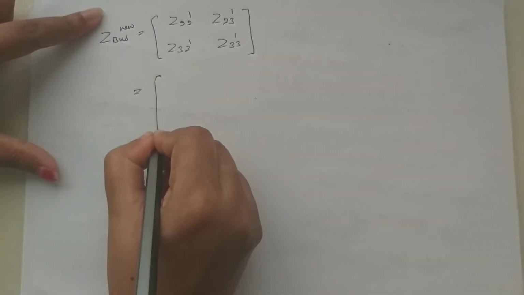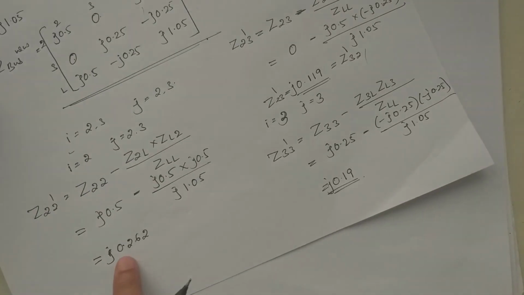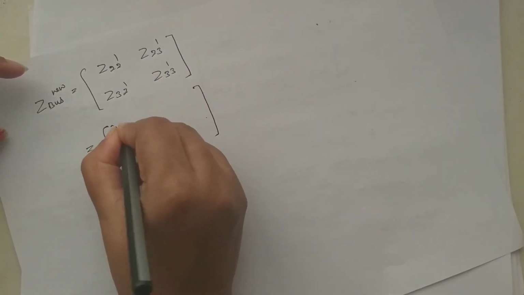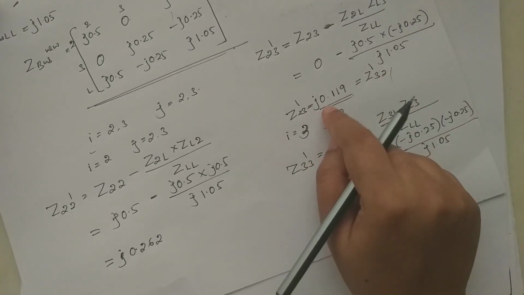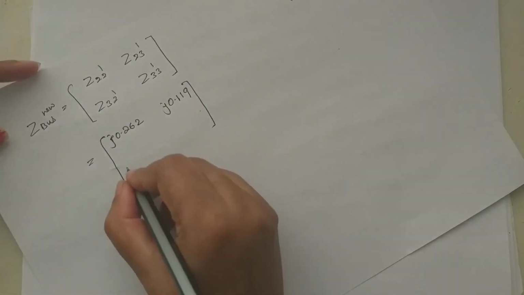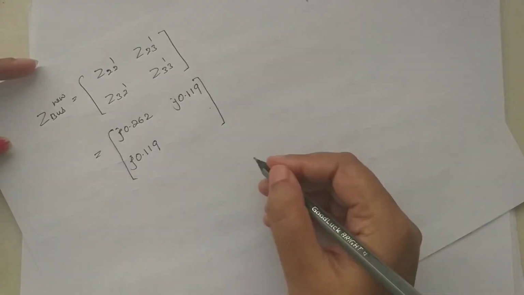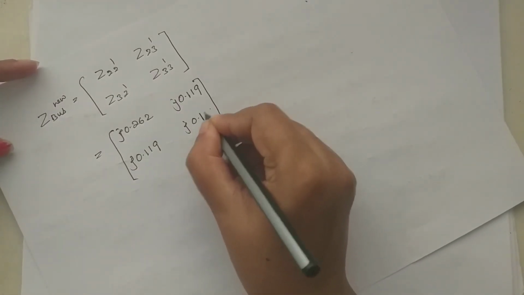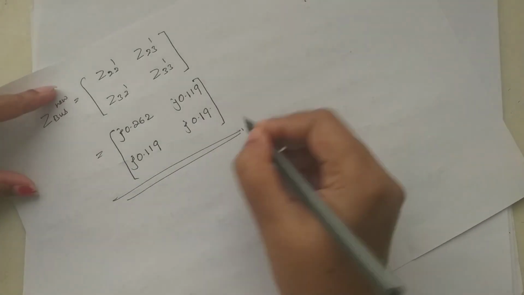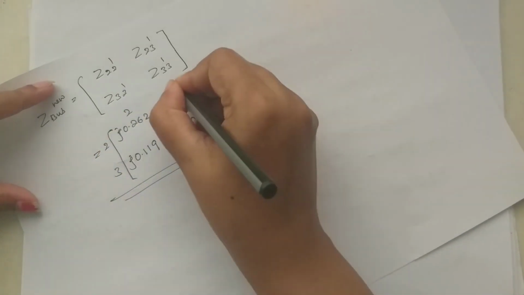Z22 dash is j.262, correct? Z23 dash is j.119. Similarly Z32 dash is j.119, and Z33 dash is j.19. This is the Z bus new. This is the second row, third row, second column, third column.